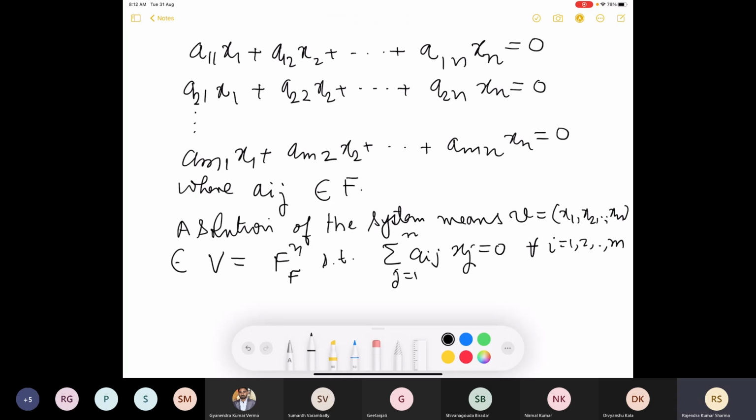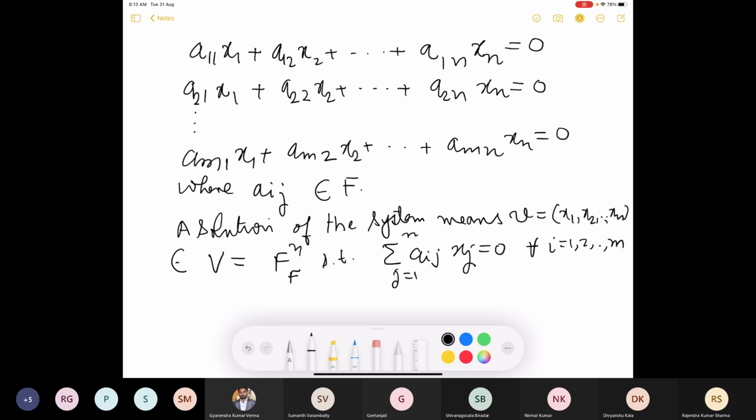So we look for the vectors v, (x1, x2, ..., xn) in F^n over F, such that each of these equations is satisfied, meaning the summation over j from 1 to n of aij xj is equal to 0. This is the ith equation, so for every equation, i is 1 to m, and we say that this is a solution. So we want to know about the solutions.